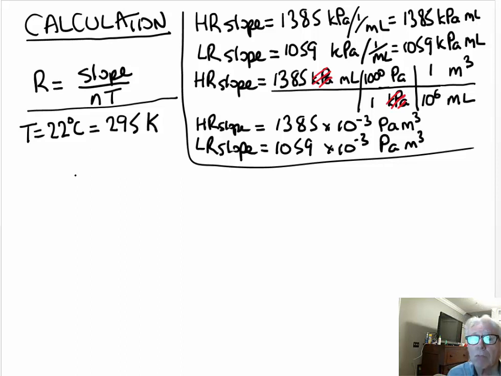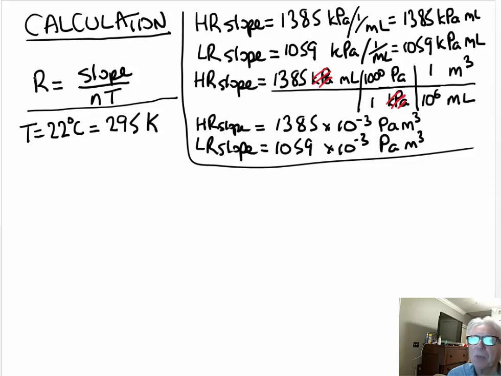I hope so. If we didn't let it cool down enough, if it was a higher temperature than we think it is, then basically this T is higher than we think it is, which means our R value will be lower than it should be.